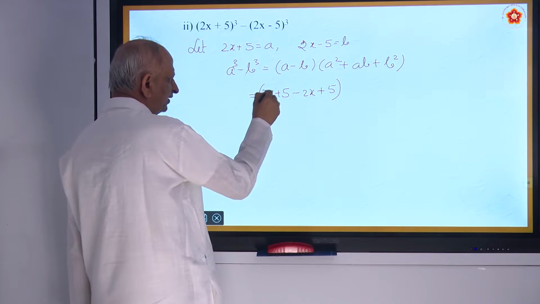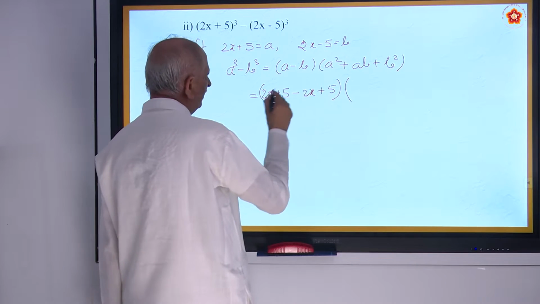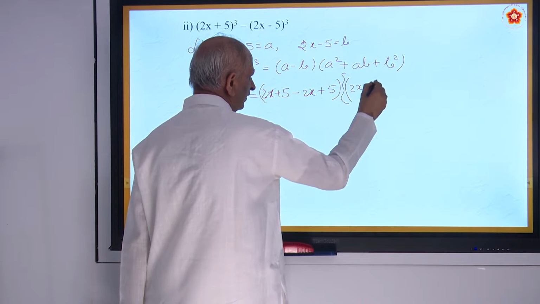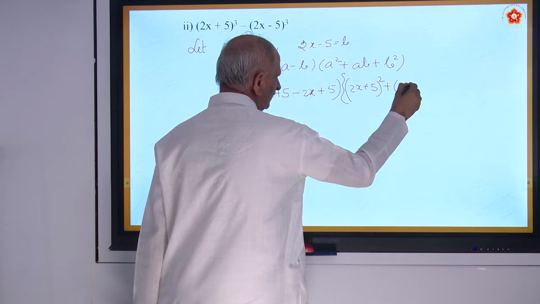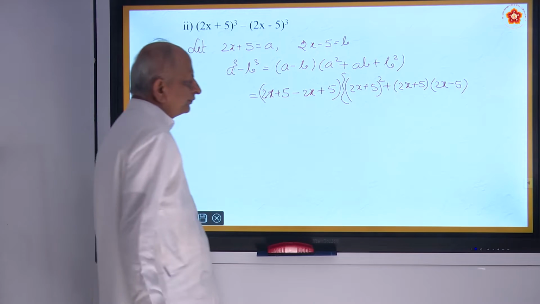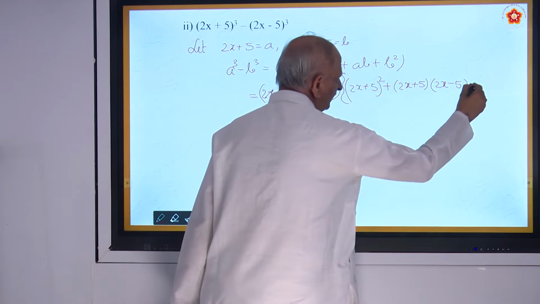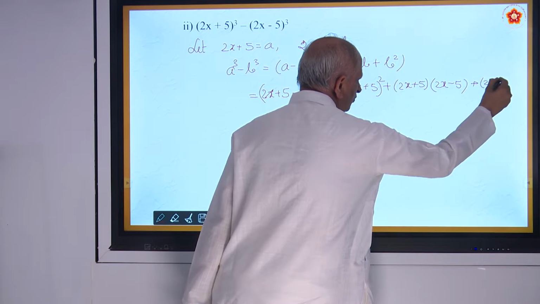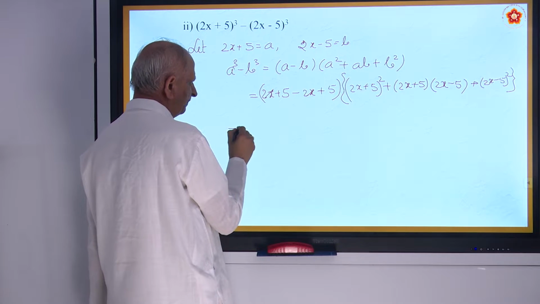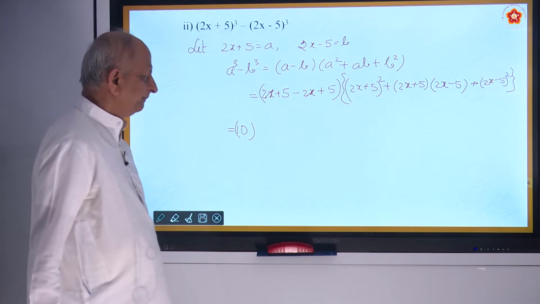So here 2x cancels, and what do you get inside? a squared is (2x + 5)². ab is (2x + 5)(2x − 5). Then lastly b squared, what is b? (2x − 5)². So here you get 5 plus 5 is 10. First item is very simple.